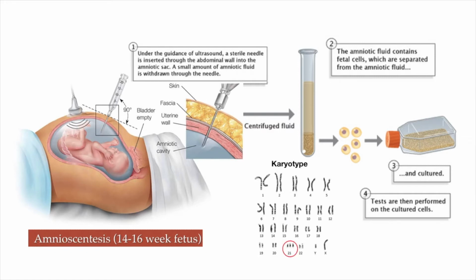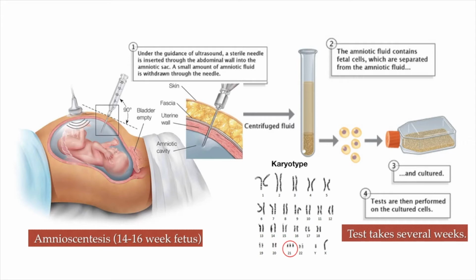And not just a karyotype, they can also do genetic testing on those cells also. This process takes a few weeks to complete due to the fact that the cells need to be cultured and so on. So amniocentesis is a test that cannot be performed too early during fetal development, and also takes a few weeks for the results to come in after the test itself is done.